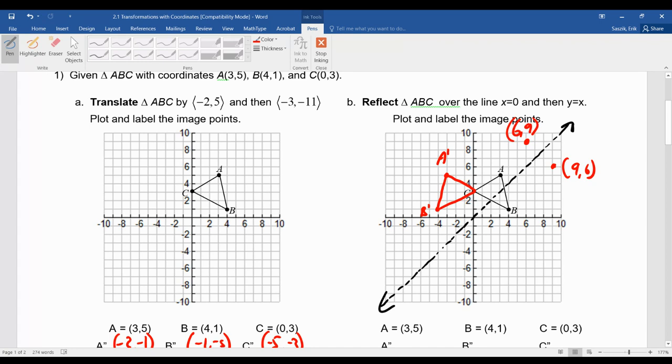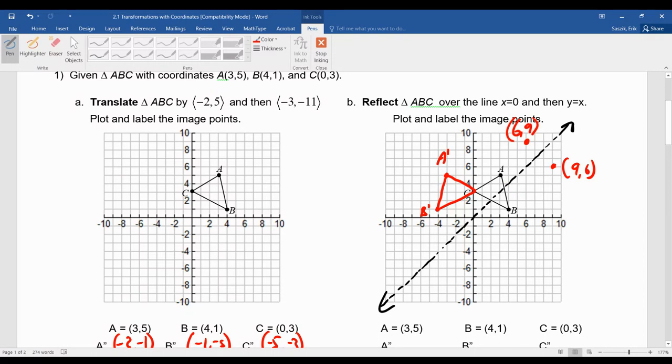If they change quadrants, you might have to adjust the sign of the number, okay? But right now, if I reflected A, for example, you see how it would end up here. A is 3, 5. If I reflected it to here, it'd be 5, 3. You see how the X and Y values flip-flopped.